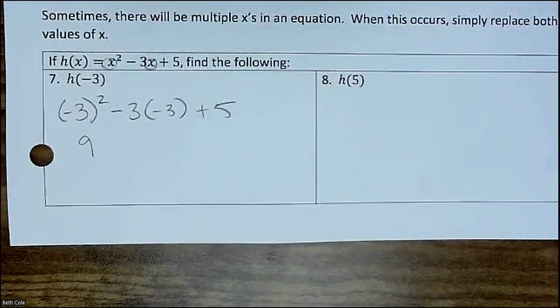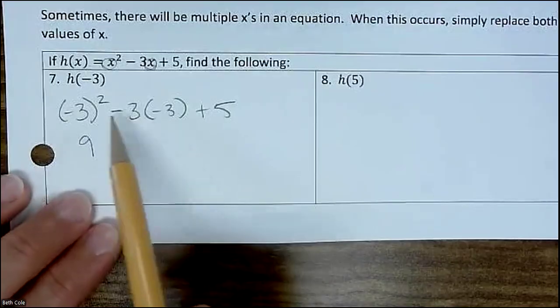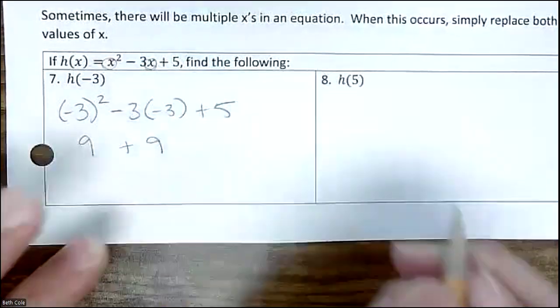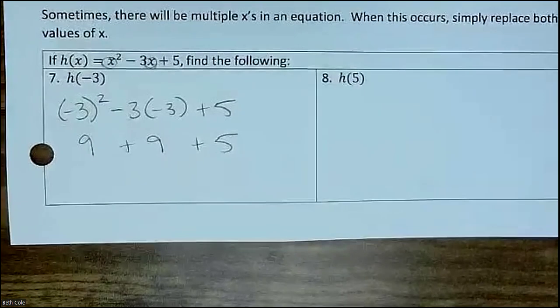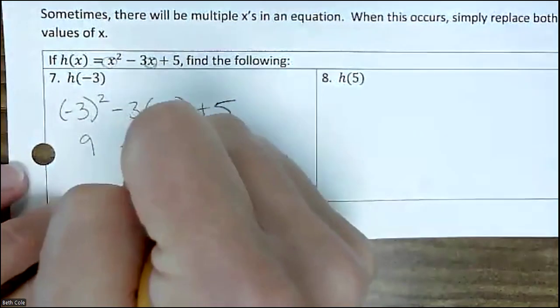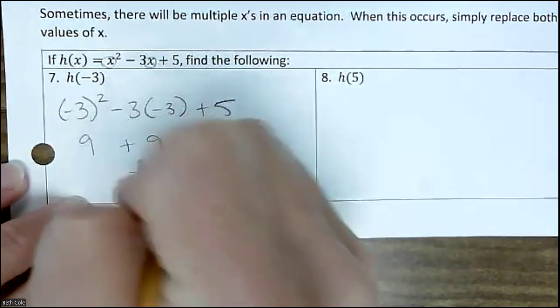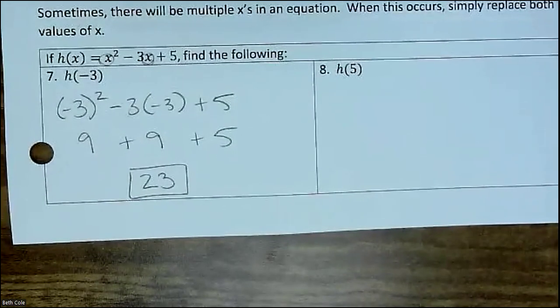Again, you'd be allowed a calculator. I'm just checking. All right. And then same thing here. Negative 3 times negative 3 is going to be positive 9, negatives cancel, and then plus 5. So add that all up, what are you going to get? I think I heard somebody back there say it. 23.